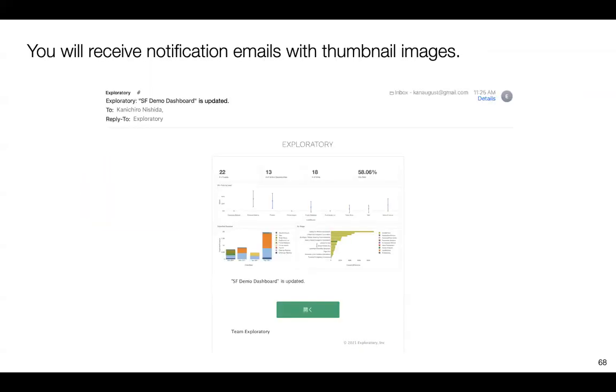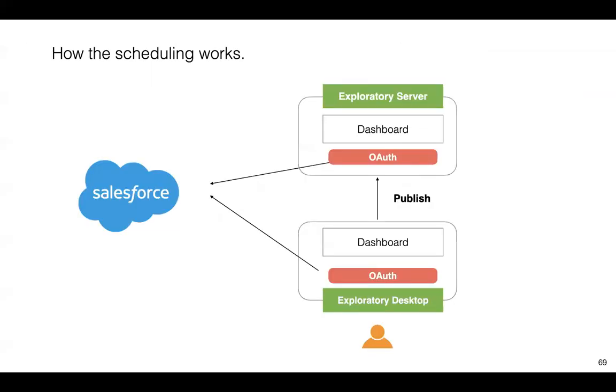Okay, and then one thing. You created a dashboard, or you basically imported data from Salesforce, and this doesn't have to be only Salesforce, it can be any other database data as well. But then you publish, and the Exploratory server can schedule at the server, because when you publish, it will publish along with the connection information.